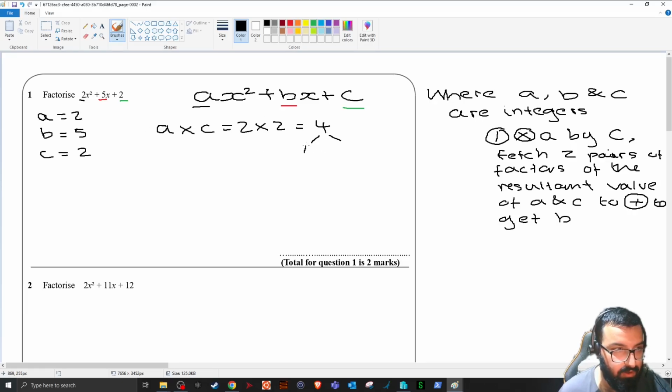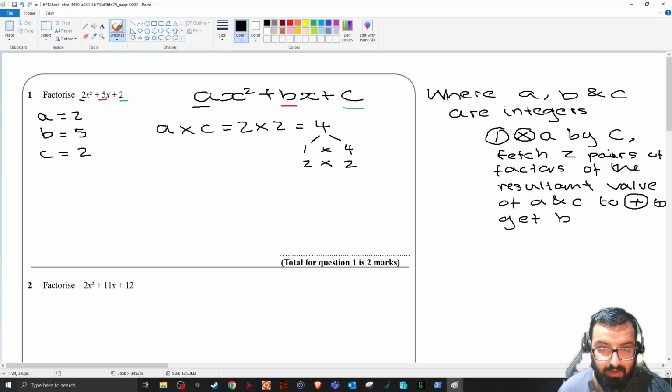We have 1 and 4, and we have 2 and 2. If I multiply 2 by 2, I get 4, but it's not going to add to get 5. But if I multiply 1 by 4, I do get 4, and it adds to get 5, which is b, which is what we said in this rule.